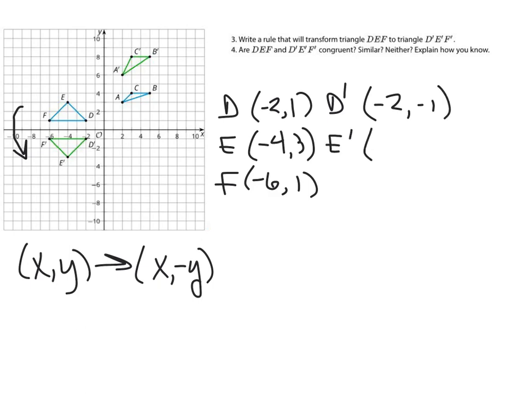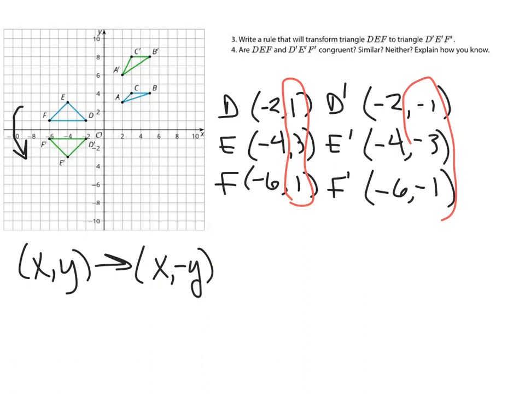E prime is (-4, -3). And F prime is (-6, -1). So it looks like all of the y values have gone opposite sign and all the x values have not changed. Okay, are these congruent?